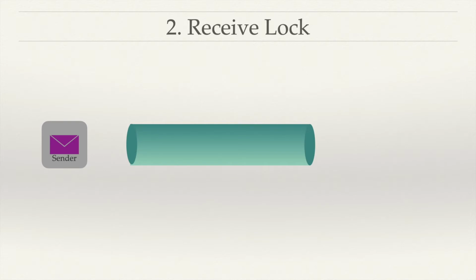The next method to receive the messages is the receive and delete. With receive and delete, the sender sends a message to the service bus. The message is received at the receiver end, and now it is the receiver's responsibility to act on that particular message and process it.